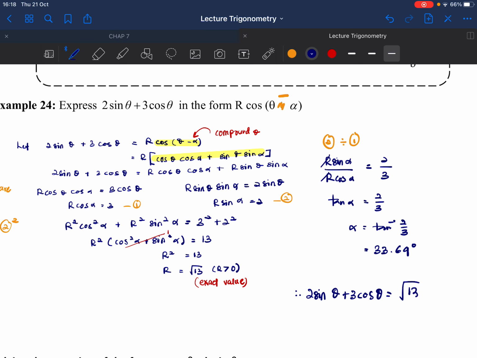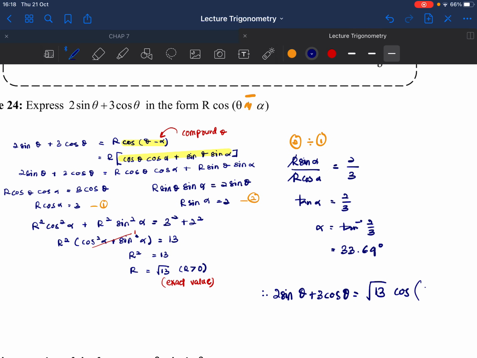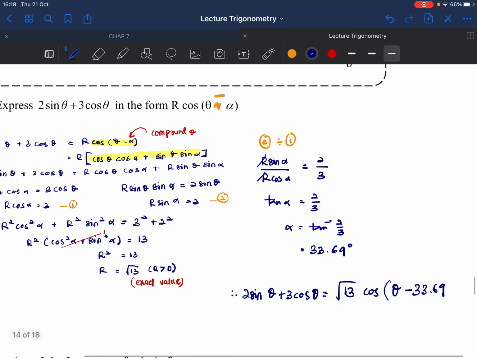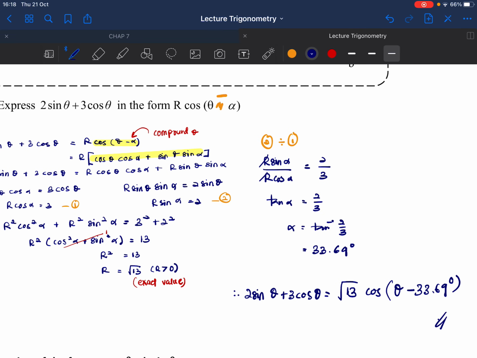Square root 13 cos theta tak perlu tulis, theta sebagai theta sahaja. Theta minus alpha kita, which is 33.69. So here is your final answer. Okay, so square root 13 is from r here, and alpha is from tangent alpha here. Okay, so that is how we find our r form.